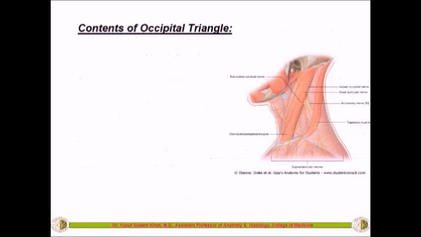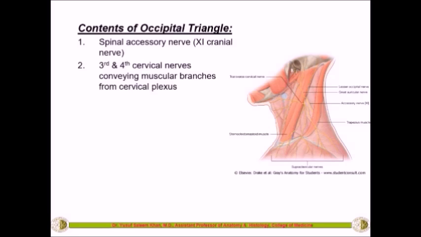So what are the contents of this occipital triangle? A very important content is the spinal accessory nerve, the 11th cranial nerve. This is the nerve which supplies the sternocleidomastoid muscle as well as the trapezius. If it is damaged, as in the picture of the newborn I showed you, it causes a condition called torticollis.